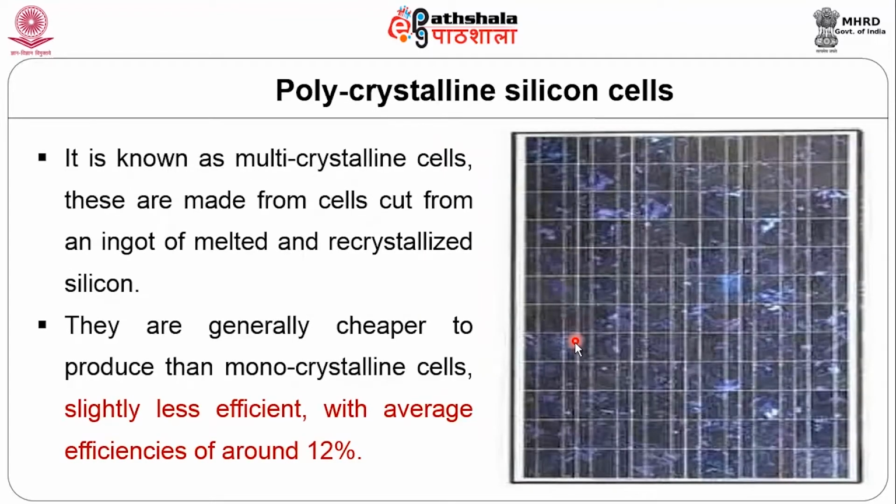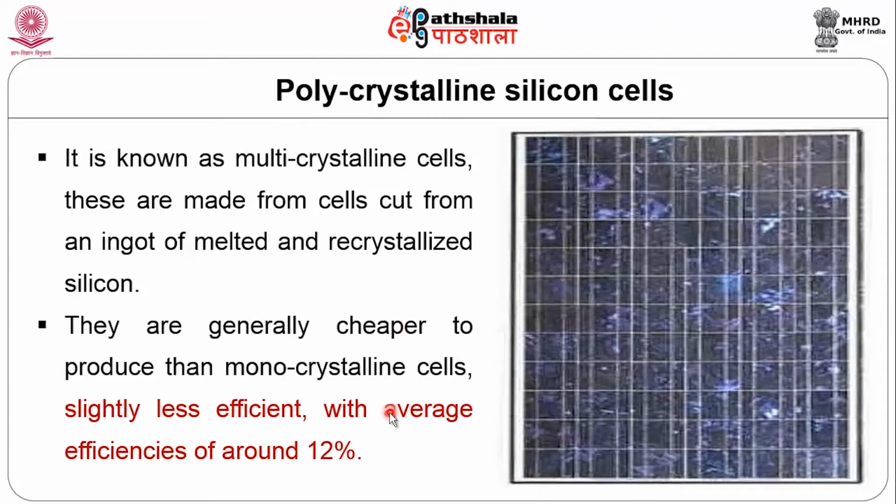And this is about the multicrystalline or polycrystalline solar silicon cell, both are the same. This is its structure. These are made from cells cut from an ingot of melted and recrystallized silicon.